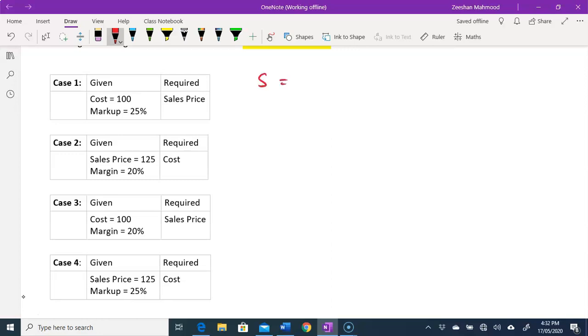So we'll use the equation S equals C plus P. We're required to calculate sales price, we are given cost, and we are given the percentage of markup, that is 25%, which is 0.25. Now we know that markup is a percentage of profit on cost. Cost is 100. So in that manner, we will calculate the selling price, and that is 125.